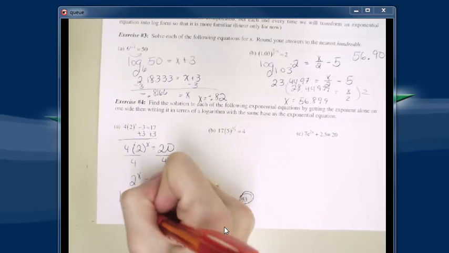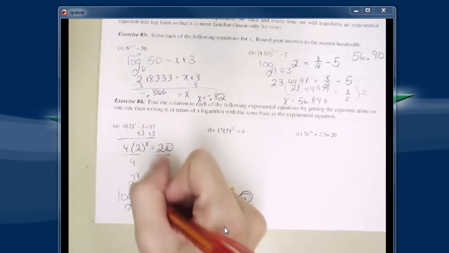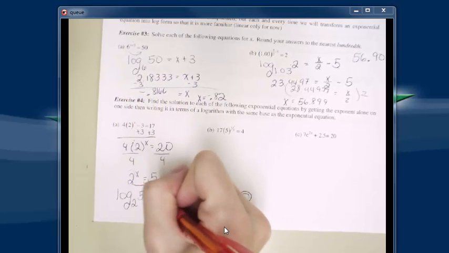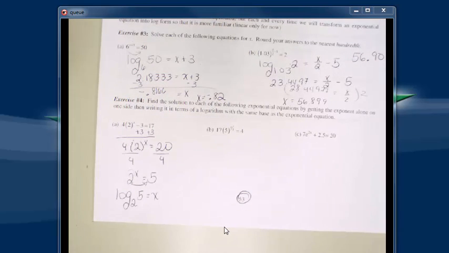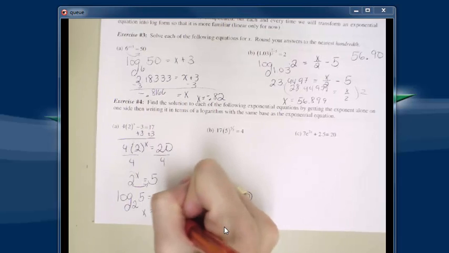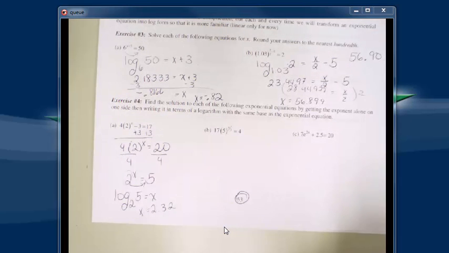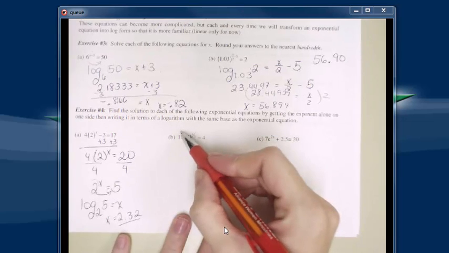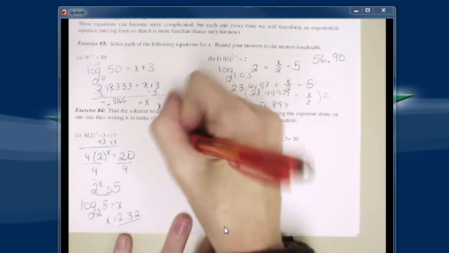Log base 2. This is the base. Loop over to the 5 equals x. So log base 2 of 5, x equals 2.32. And they didn't give me a round, so I'm going to the nearest hundredth because that's what the page did.